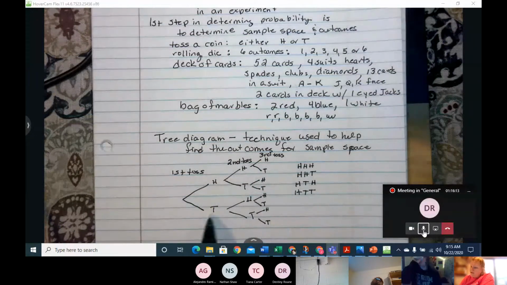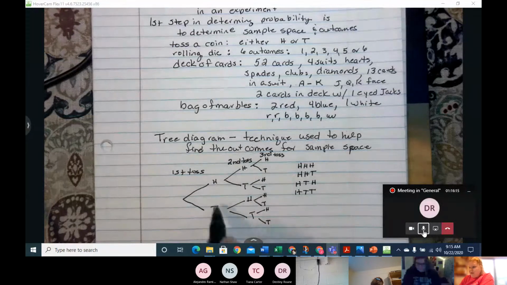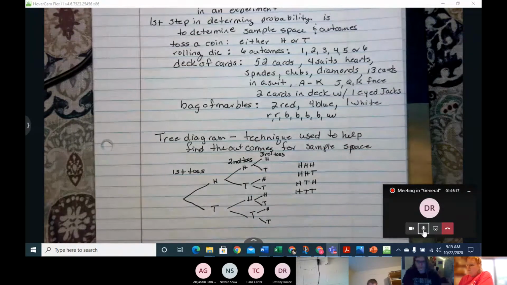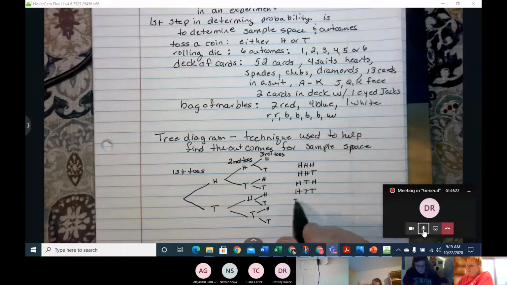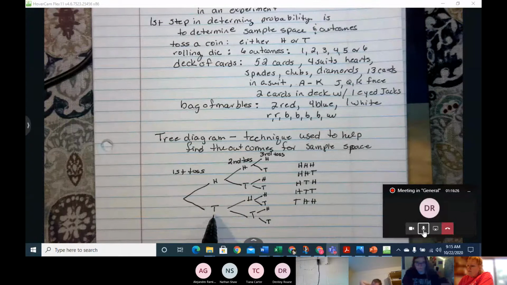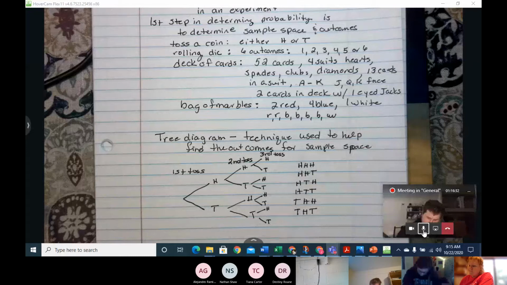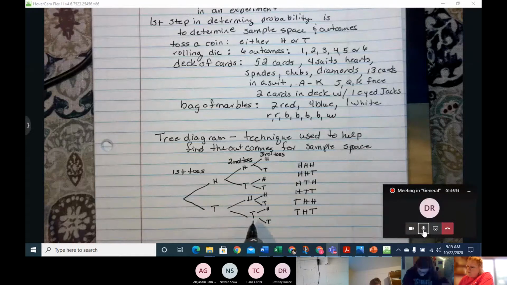And so now we look at from the tails on the first toss. We have tails, heads, heads. We have tails, heads, tails. We have tails, tails, heads.